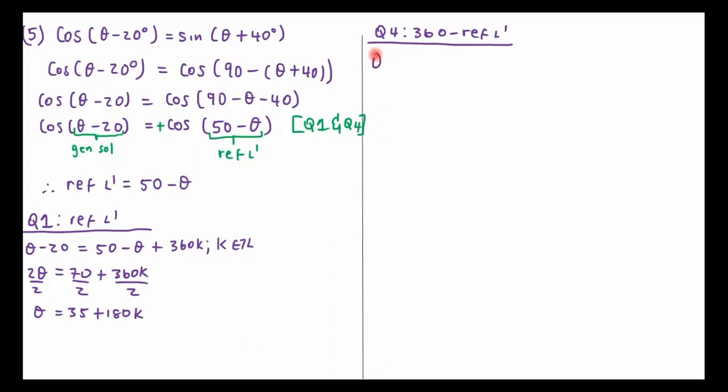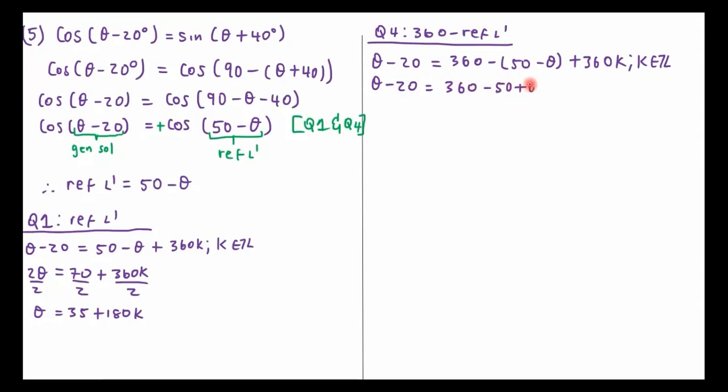So the general solution is theta minus 20 equals 360 minus the reference angle, which is 50 minus theta, plus 360k, where k is an element of integers. Now here I have theta minus 20 equals 360 minus 50, which gives me 310, plus theta plus 360k.